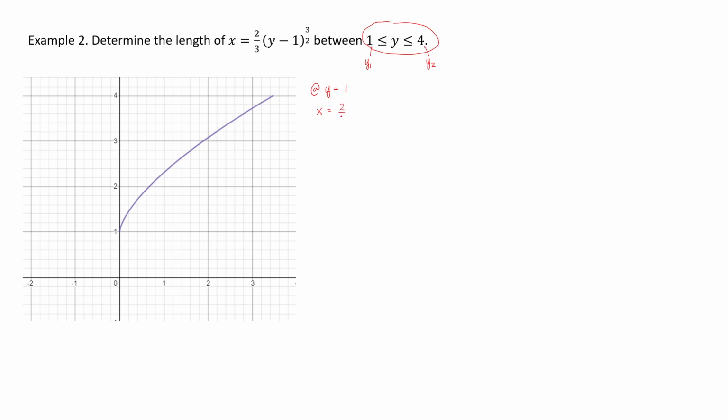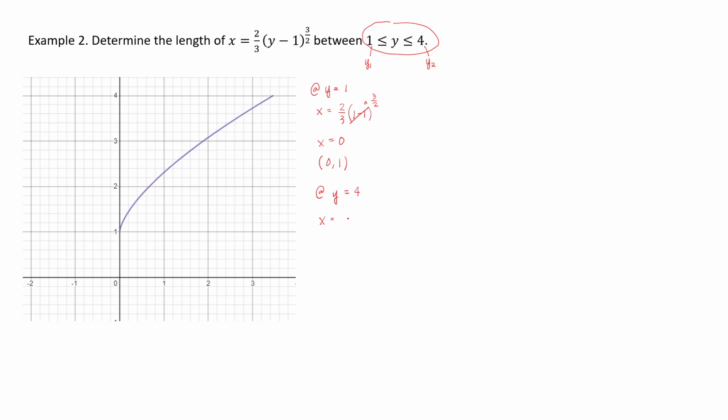So 2/3 times (y, so that would be 1 minus 1) to the power of 3 halves. So this one is 0, so x is equal to 0. So the first point is at 0 and 1. The other point would be at y equal to 4.